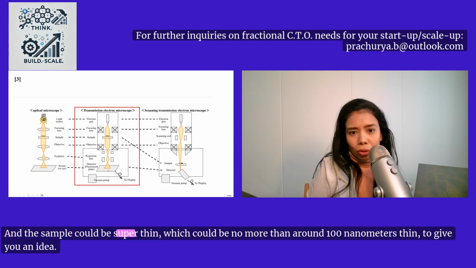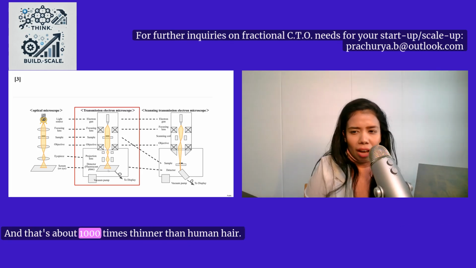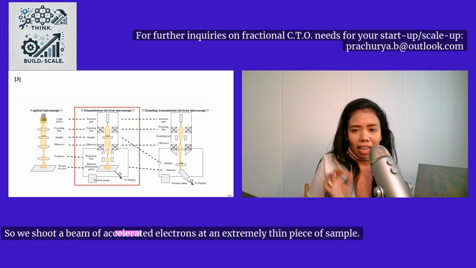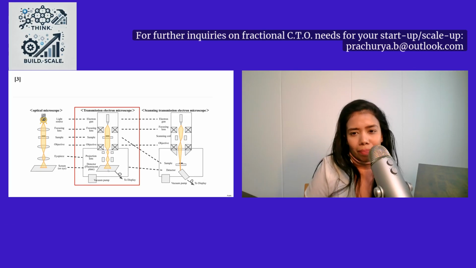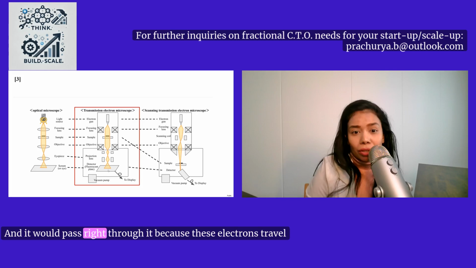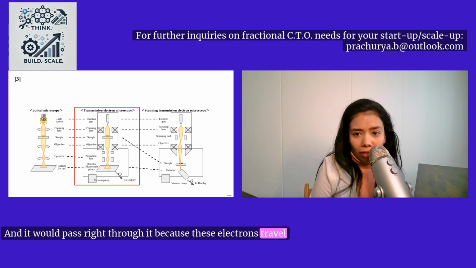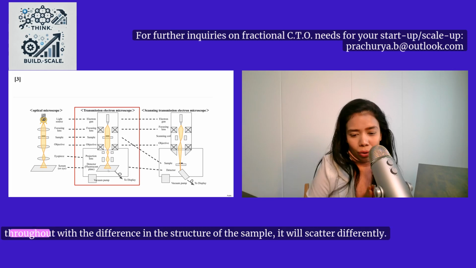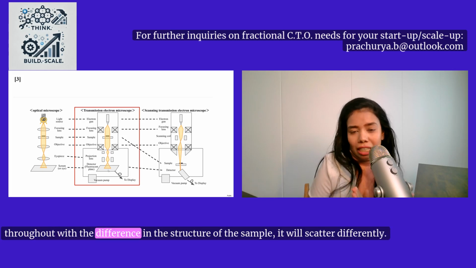And the sample could be super thin, no more than around 100 nanometers thin, to give you an idea. That's about 1,000 times thinner than a human hair. So we shoot a beam of accelerated electrons at an extremely thin piece of sample, and it passes right through it, because these electrons travel and scatter differently with the difference in the structure of the sample.